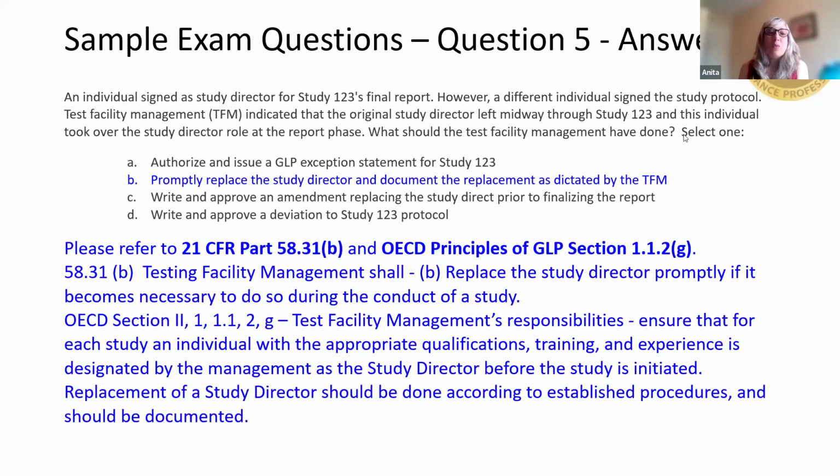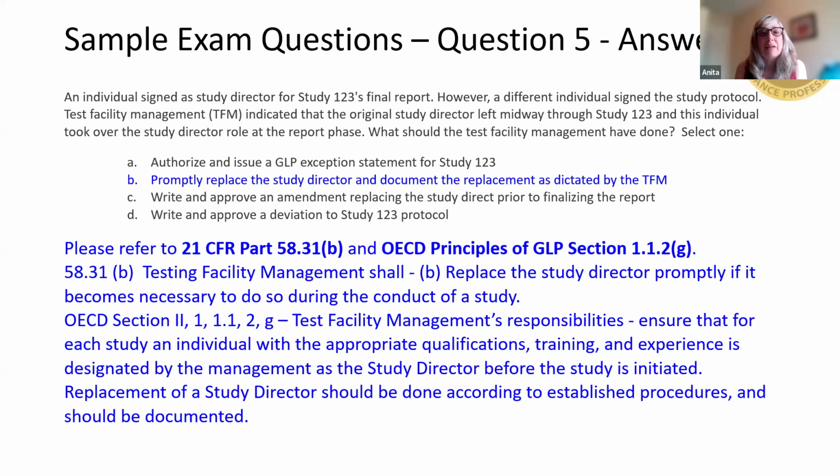And then I did also want to say why I think protocol amendment is a requirement. I go back, not to 21 CFR Part 58.31, but that all changes to the protocol need to be done via an amendment. So until the report is written, that's why I think it has to be done by protocol amendment.